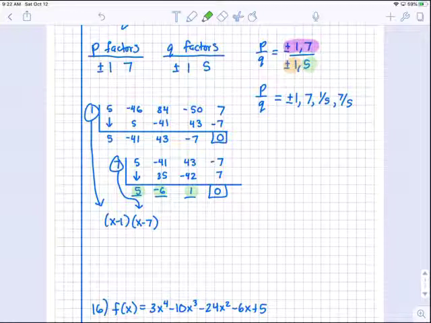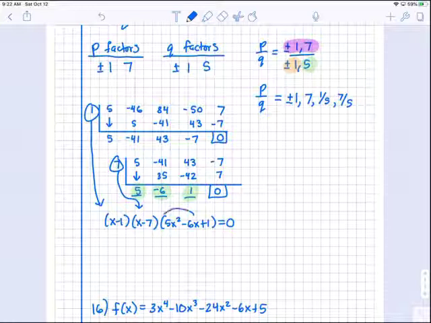So remember, the 1 is your constant, this is going to be first degree, and this 5 is going to be second degree. So 5x squared minus 6x plus 1 is equal to 0. Now, we have to factor out that trinomial, which is this one.